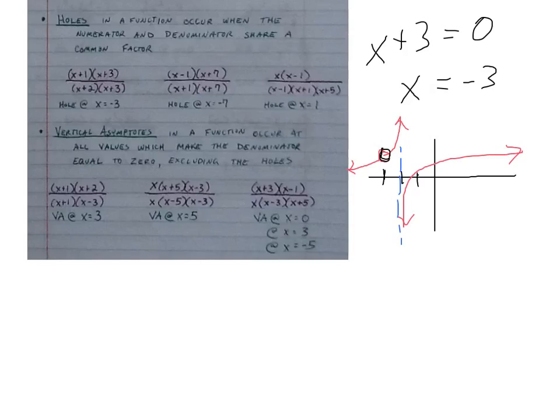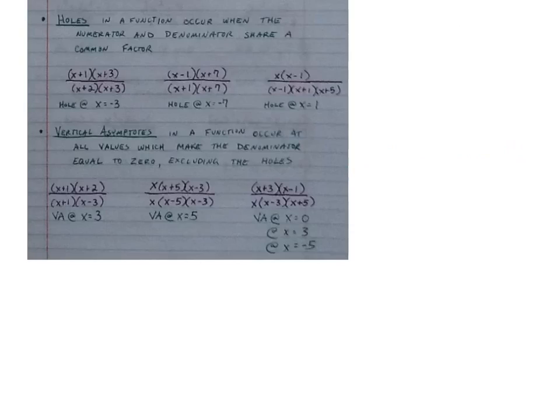So I'm going to erase this and talk about the next function. Alright, for the second function, x minus 1 times x plus 7 over x plus 1 times x plus 7, we notice that we have x plus 7 in the numerator and the denominator, so we wind up having a hole at x equals negative 7.